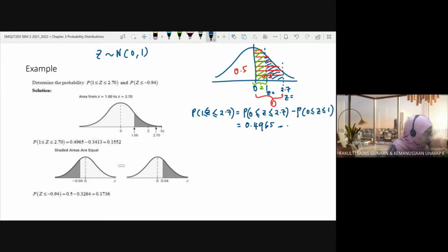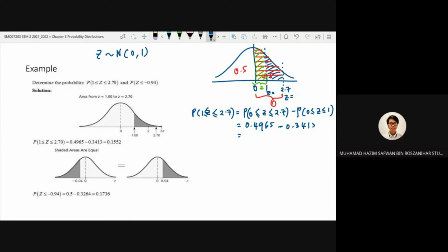So you will get 0.4965 minus 0.3413. What will you get, class? Can someone please calculate for me? What is the value? 0.1552.